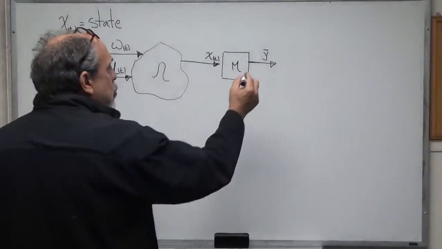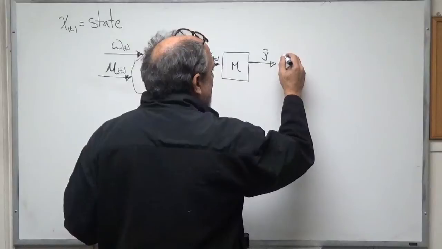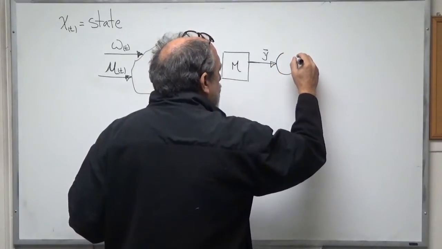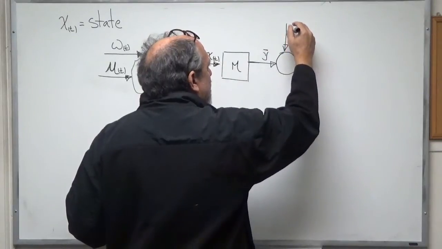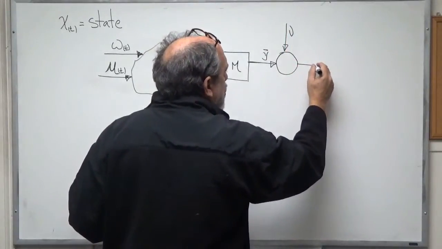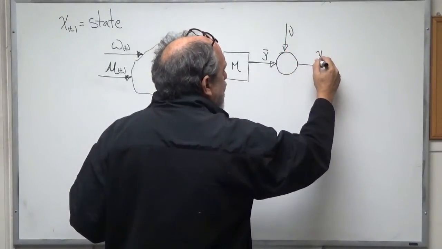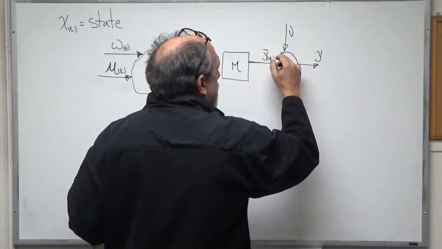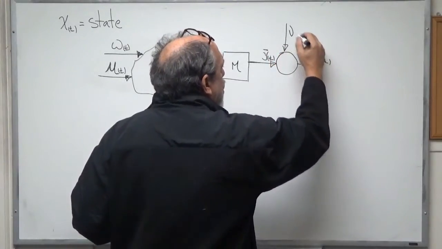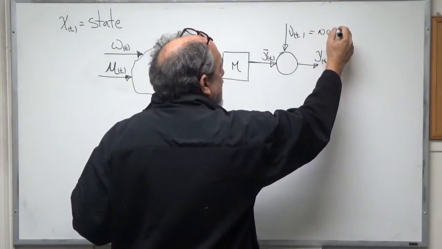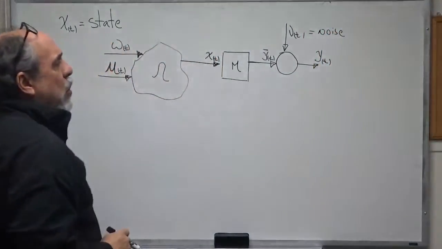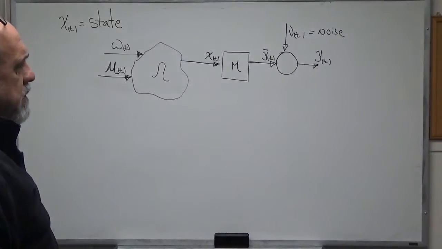So we don't really get to see the actual quantity. What we get to see is a perturbed version of that quantity, which I should call Y. And nu here is noise.